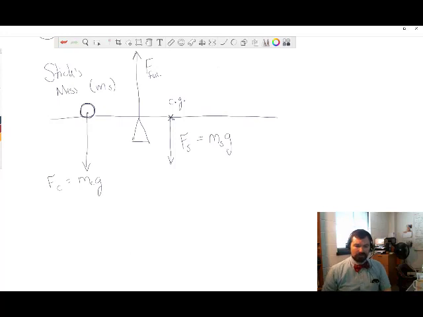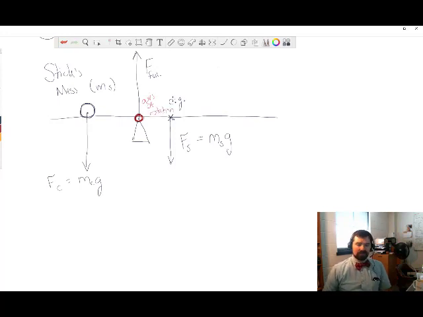In order to solve this, we have to pick an axis of rotation. So I'm going to pick my axis of rotation to be right here where the pivot is located. So this right here we can mark as the axis of rotation.